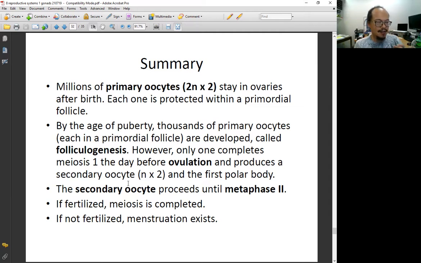And then these oocytes will continue their meiosis, and the follicle will also grow. By the time of the ovulation, this oocyte will complete its first meiosis and form two daughter cells, but one of them will become the secondary oocyte, and the other the polar body.